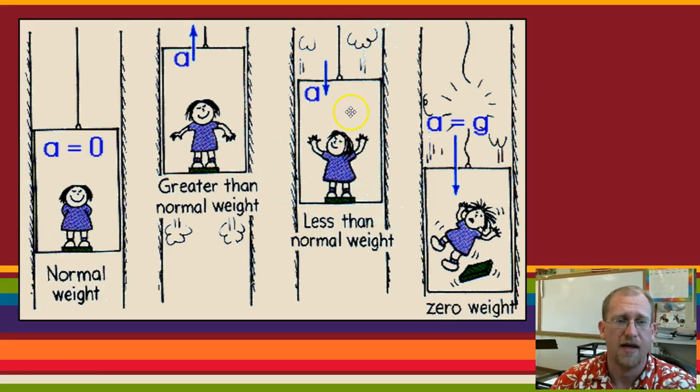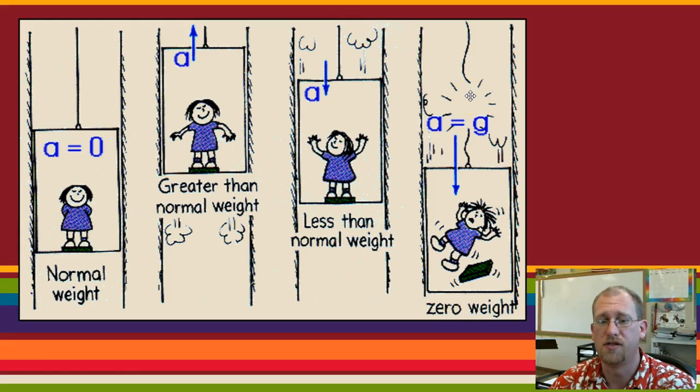The opposite of that, if the elevator is accelerating downward, then her body's momentum is actually kind of moving upward a little bit, and the scale doesn't feel all of the force of her weight on the scale. So her weight goes down, less than normal weight.